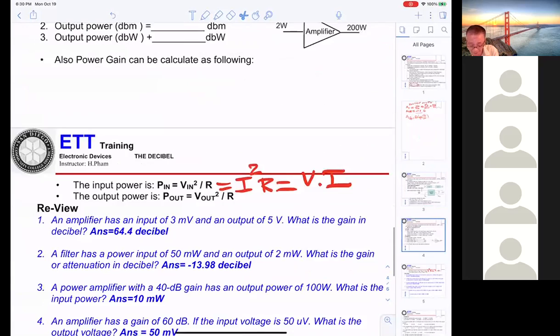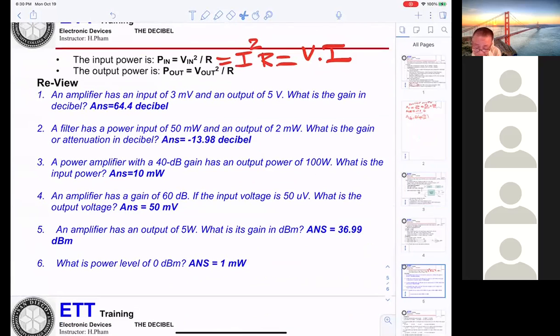Okay, now number 4. Amplifier at the gain 60 dB. If the input voltage is 50 microvolt, what is the output? Go ahead and do it to see, make sure you can get the answer, which will be 50 millivolt.